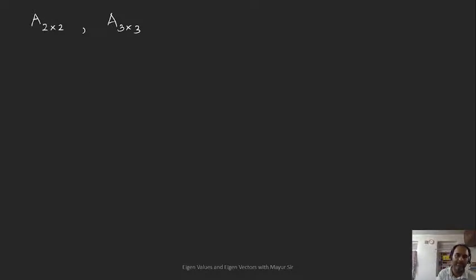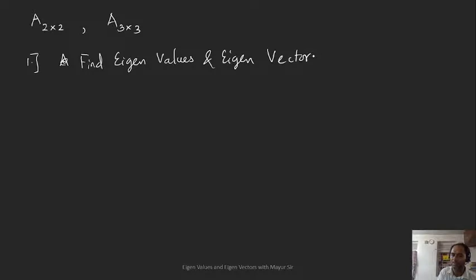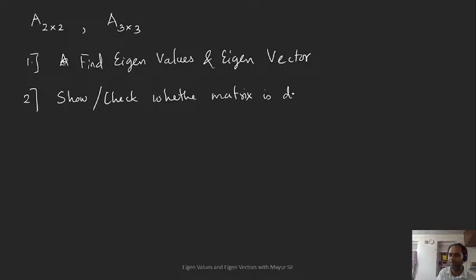What all things can happen? First thing, what questions they can ask: find eigenvalues and eigenvectors. Second, show or check whether the matrix is diagonalizable.